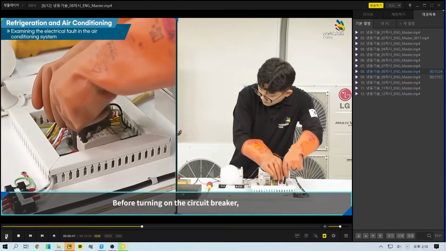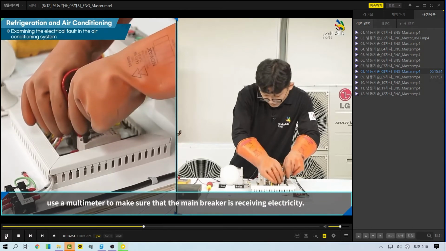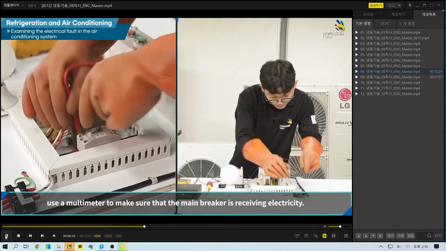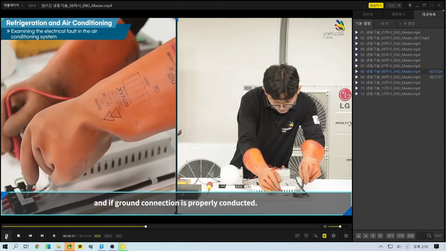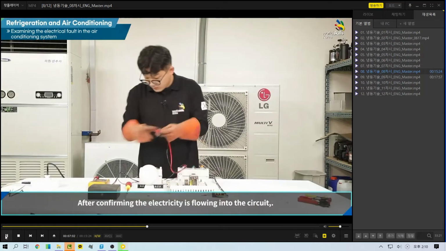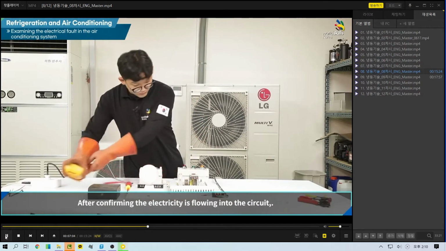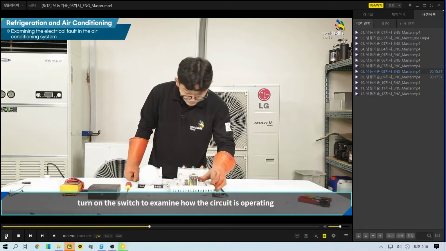Before turning on the circuit breaker, use a multimeter to make sure that the main breaker is receiving electricity. Check if there's any electrical leakage at the inner part of the circuit and if the ground connection is properly conducted. After confirming the electricity is flowing into the circuit, turn on the switch to examine how the circuit is operating.